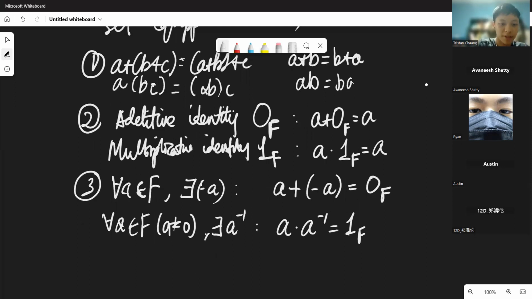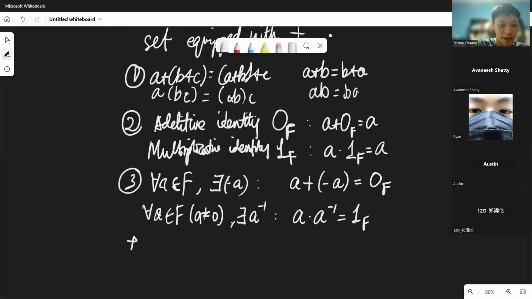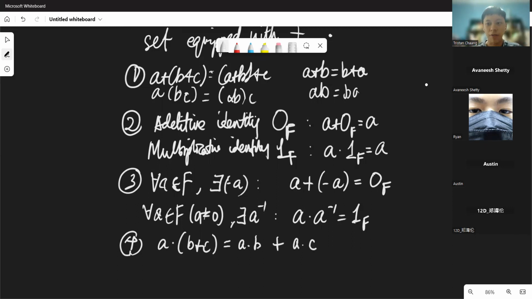And last but not least, you have to obey this last law called the distributive law, that A times B plus C is always equal to A times B plus A times C. So these are all very abstract because we are not talking about the regular sets that we know.